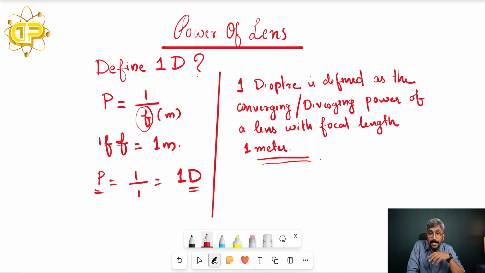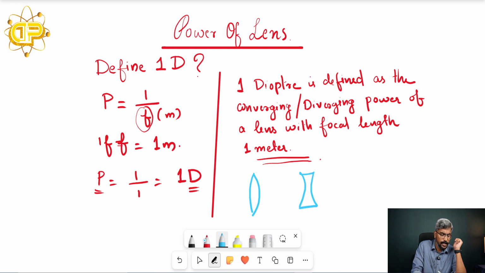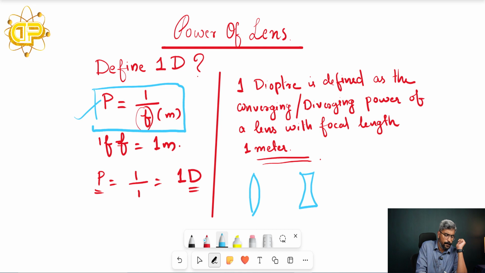Here we have seen the individual power. That means if you are given a lens, either a convex lens or a concave lens, you can find it by using this equation. But if you are given a combination of lenses, what will happen there?